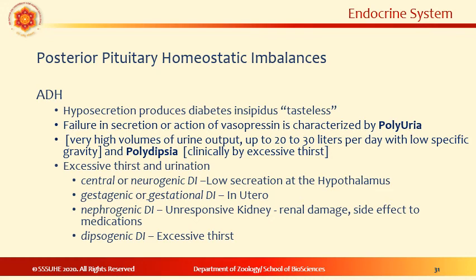There are different types of diabetes insipidus. Primary central or neurohypophyseal diabetes insipidus is where the vasopressin secretion is poor at the hypothalamus. Nephrogenic diabetes insipidus is a secondary diabetes insipidus at the kidney, in which the kidney cannot respond to the vasopressin due to renal damage.